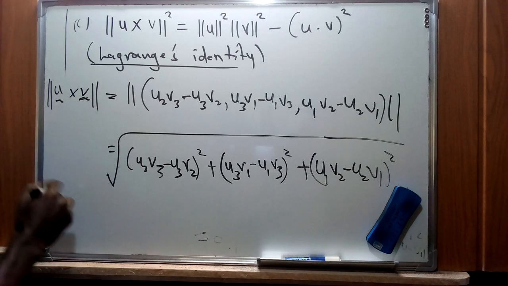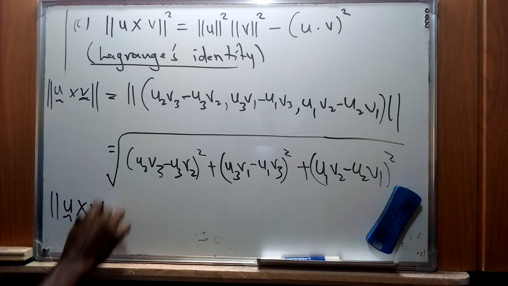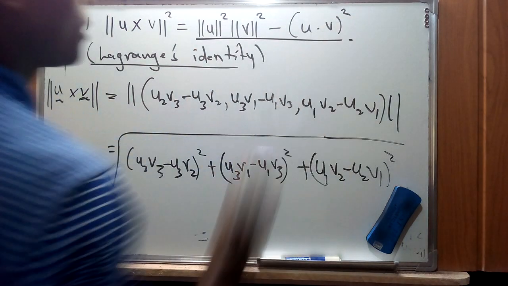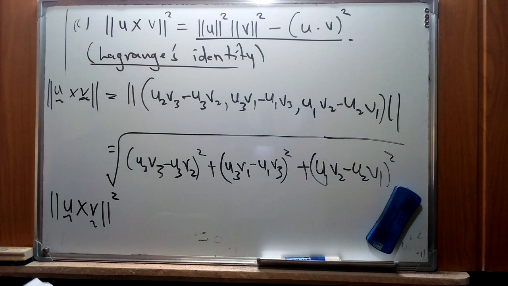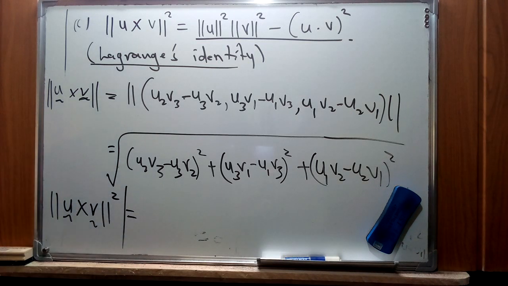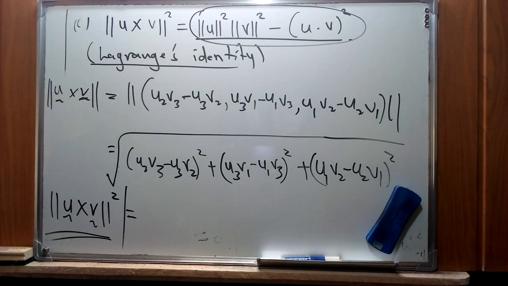Now suppose we square that norm and have this specific identity. Because of space, it's going to give us the product for this specific identity that we have already mentioned on the board. Suppose we square this, it is going to give us this specific section of that Lagrange identity that you have mentioned.